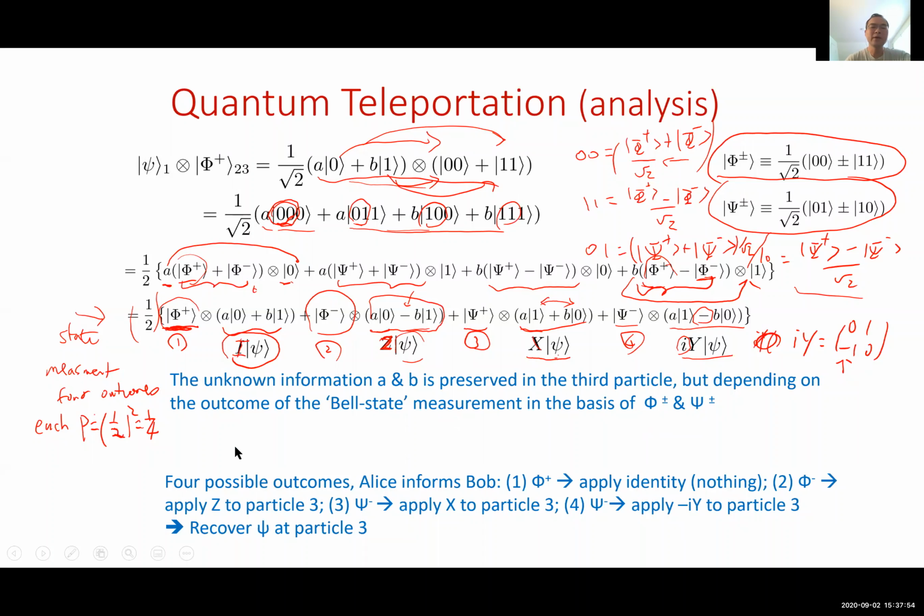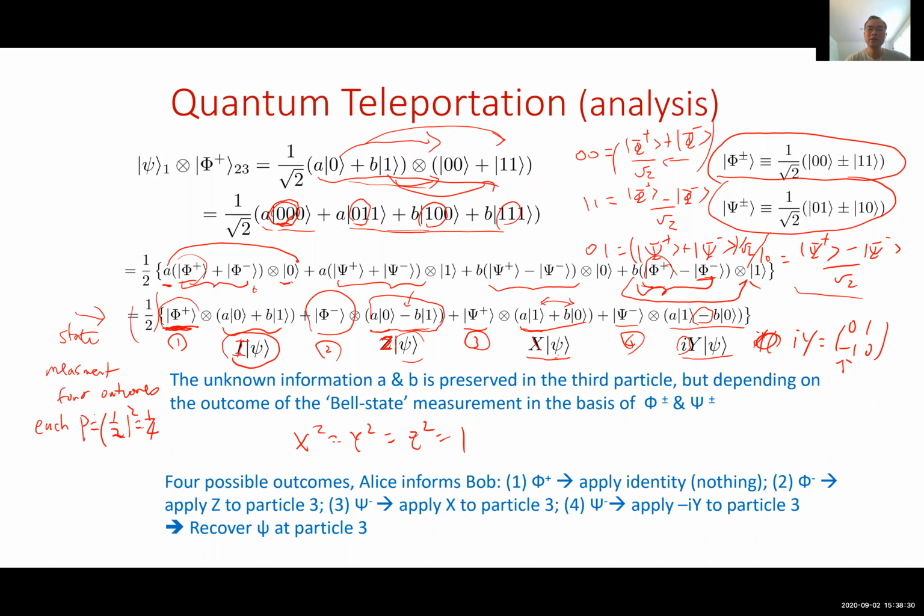If I obtain, let's say, phi plus, then I don't need to do anything. So I just tell Bob, keep the state. That is what you get. If Alice measures and gets phi minus, I know there's an additional Z. So what Bob needs to do is apply this Z to cancel the Z. Remember that X squared equals Y squared equals Z squared equals 1, right?